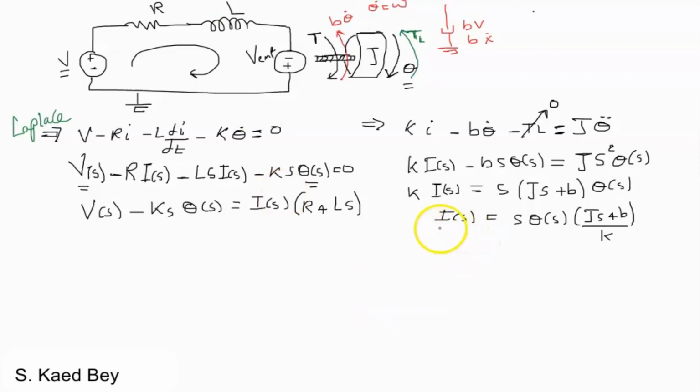Now we have to substitute this one in here. And since we are interested in the output angular velocity, then perhaps we could use s theta(s) as theta dot(s).